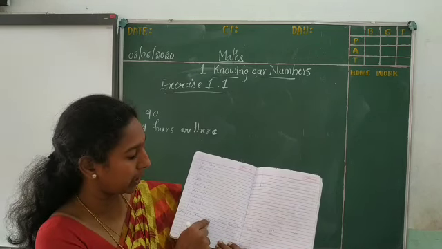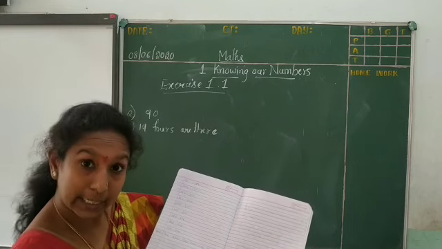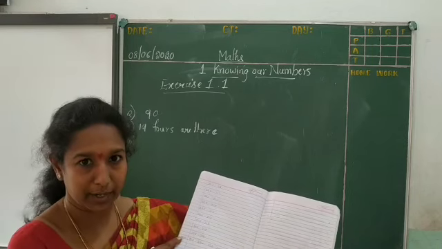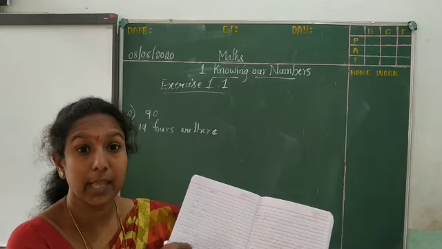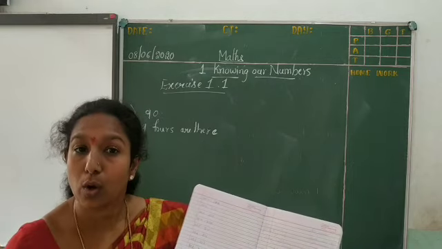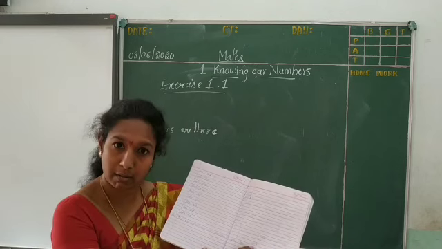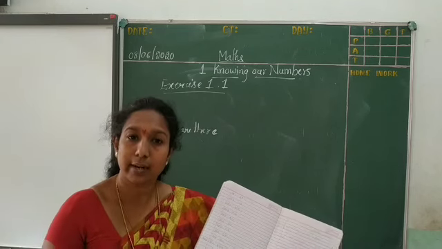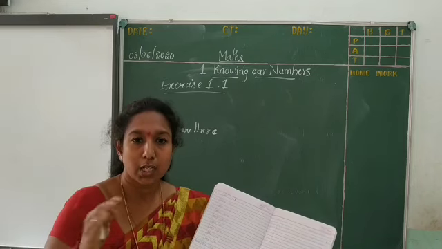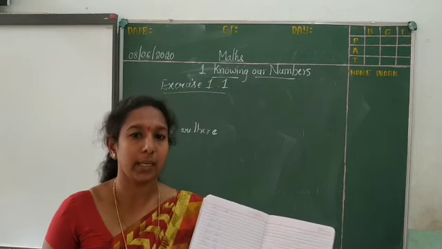Up to 399, that is 100 numbers, from 300 to 400. Because in the 100s place, next will come 400, 500, 600, 700. All are different numbers, not 3. So up to 1000, all are other than 3.